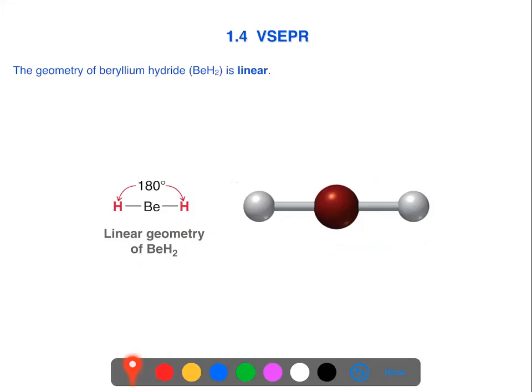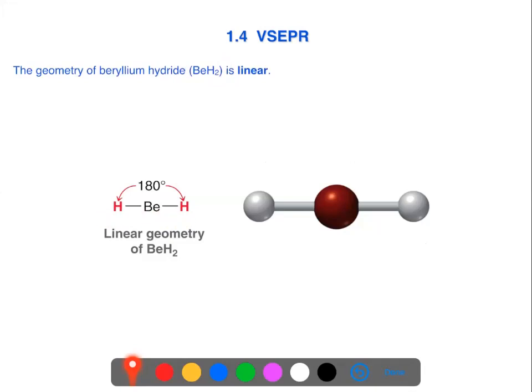And so the last example of geometries that we can somewhat predict for small molecules using the valence shell electron pair repulsion theory is shown here, where we have, in the case of beryllium hydride, BeH2, this linear geometry. And this arises from the fact that beryllium can only form 2 bonds to 2 other elements.